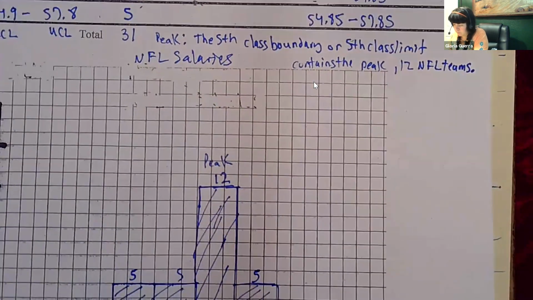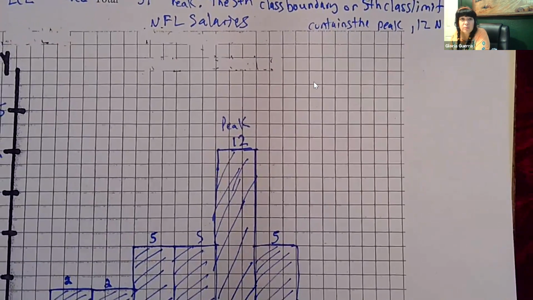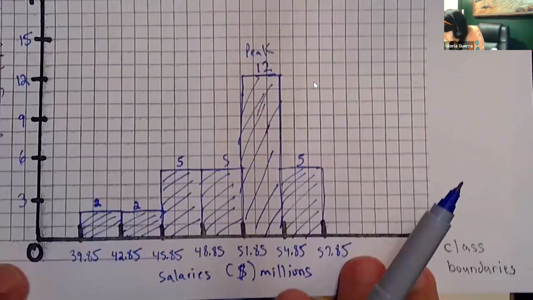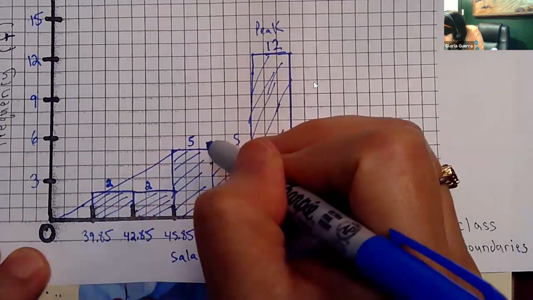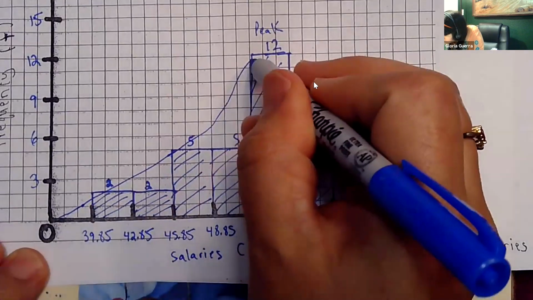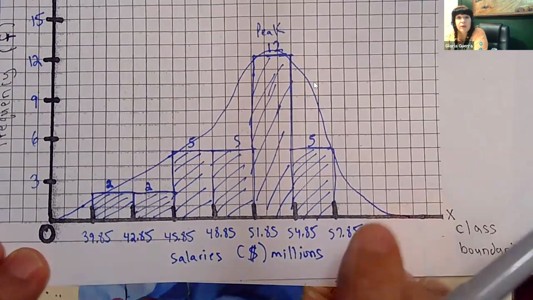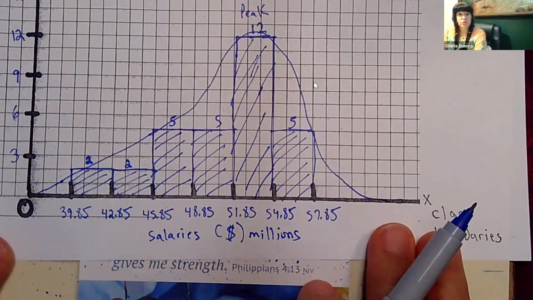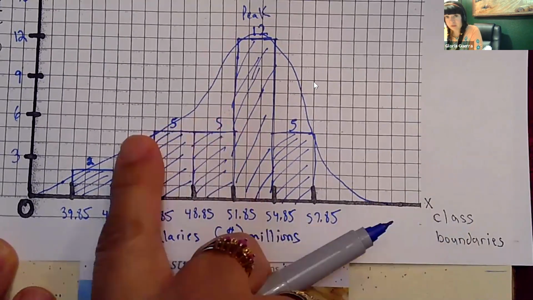Okay, and then the other thing I was going to do, as far as talking about the data's distribution, if I go through and draw a silhouette on that, you can see on this problem that the data seems to taper off more on the left-hand side.